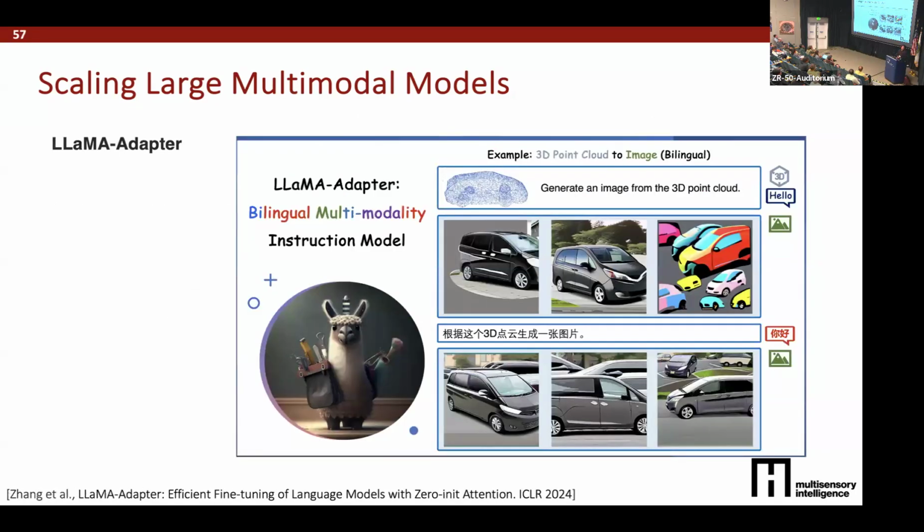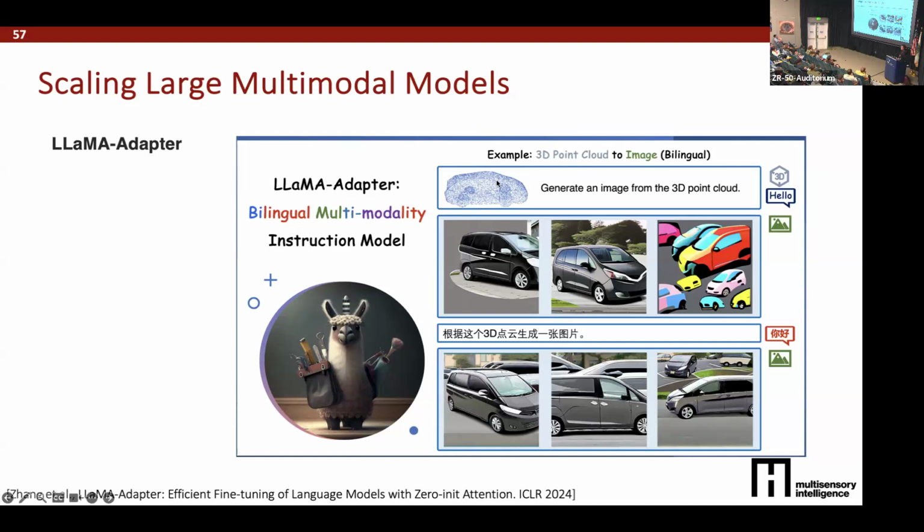So that's Mini GPT-4. Another cool resource I like very much is called Llama Adapter. Llama, as all of you may know, is the open source LLM series from Meta. Probably the most open source sets of models we have. And Llama Adapter basically trains a large set of adapters customized for this Llama model.